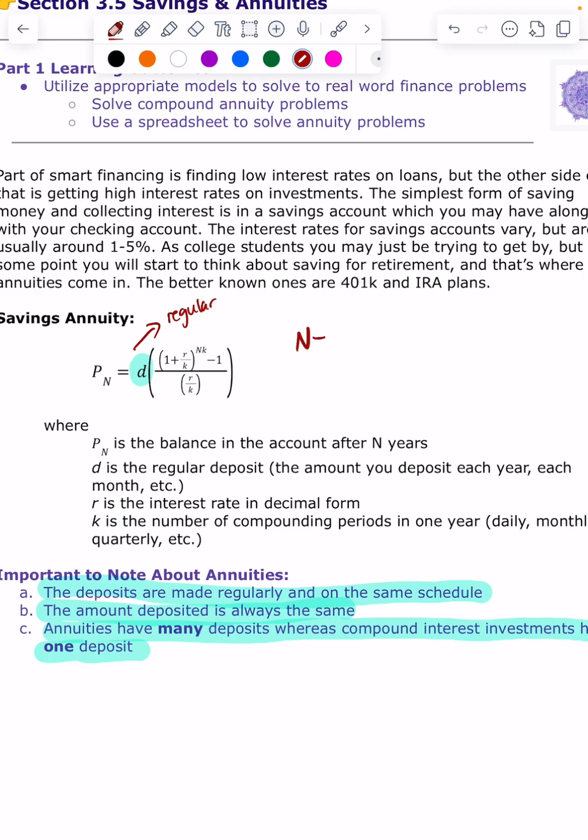N is now the number of years instead of T. So it's like T. And now K is the compounding periods.